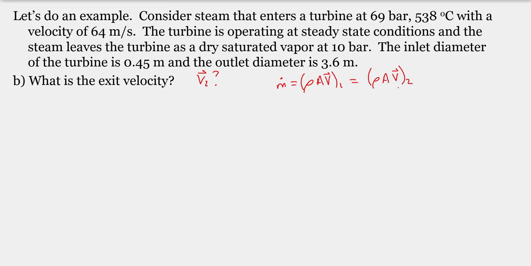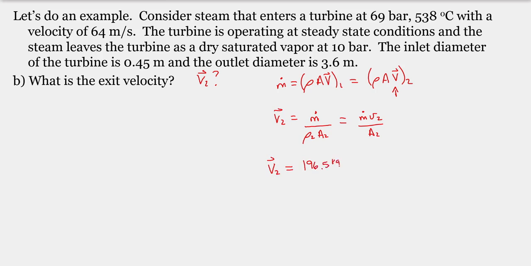So if this is what we're looking for here, we just solve for the velocity at the exit, and of course we did this in terms of specific volume, so I'll switch to specific volume here. And again, A2 is already, we know the diameter, we already went to the steam tables, the saturation tables, and we got the specific volume at the exit state, and so we just have to, again, turn the crank.